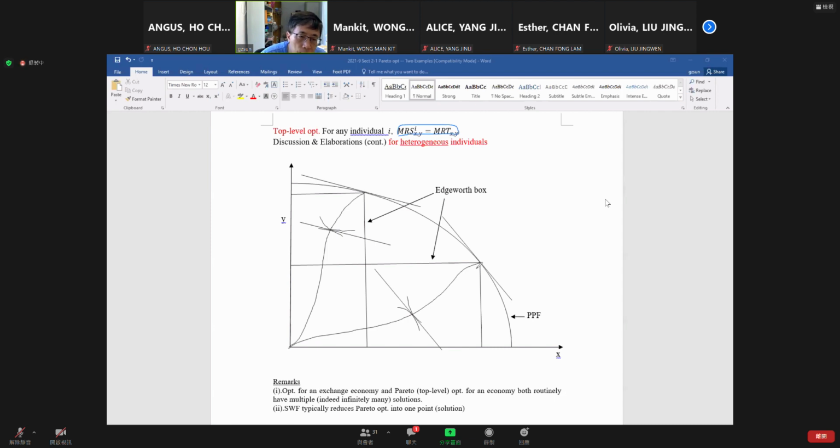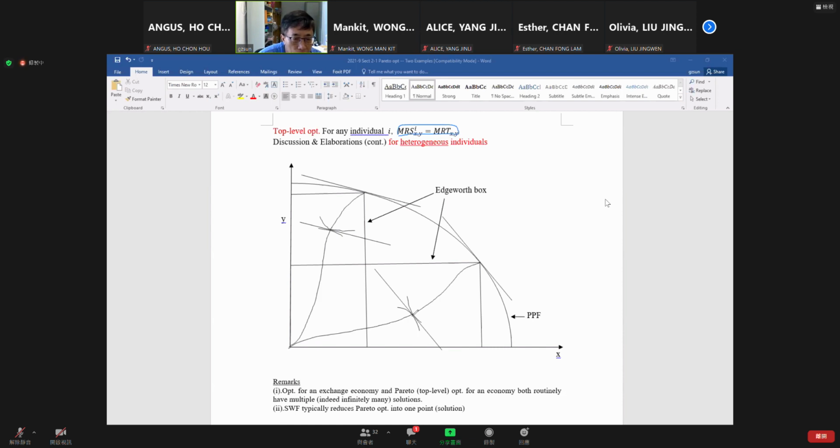So from this simple discussion about what may happen if we choose this social production at a society level, you can, in general, get some insight. That is, for a given level of production, we usually have one point which is the top level optimal.